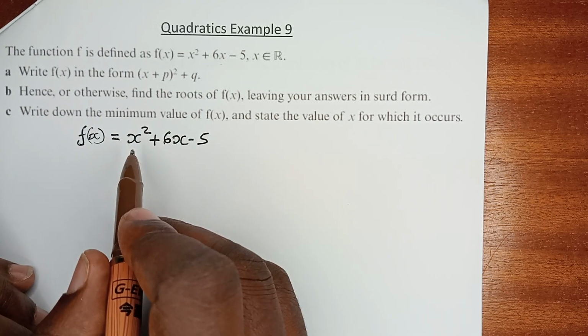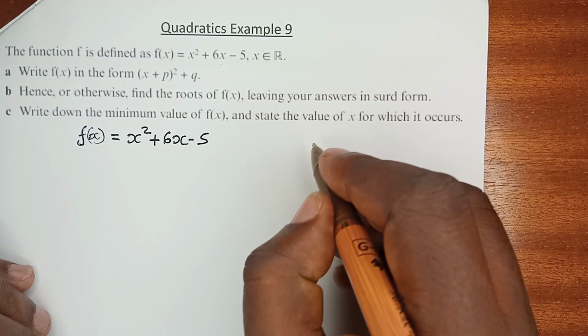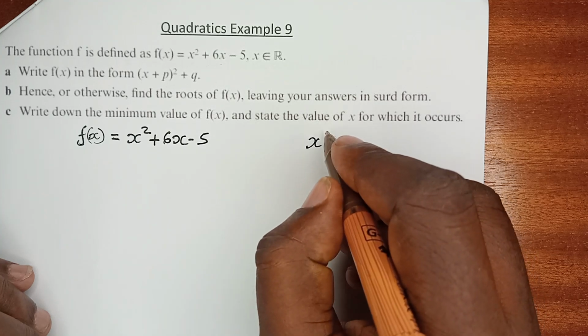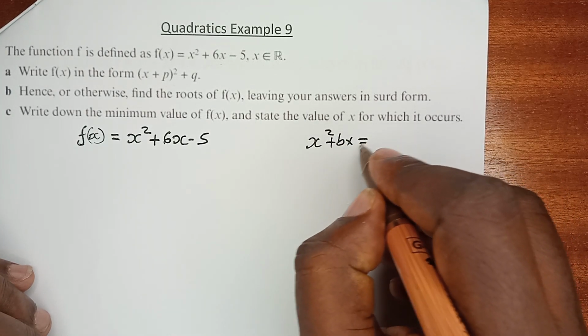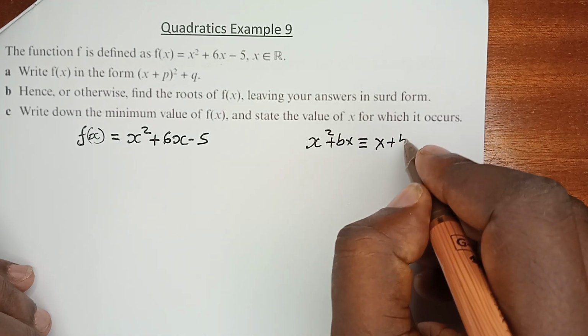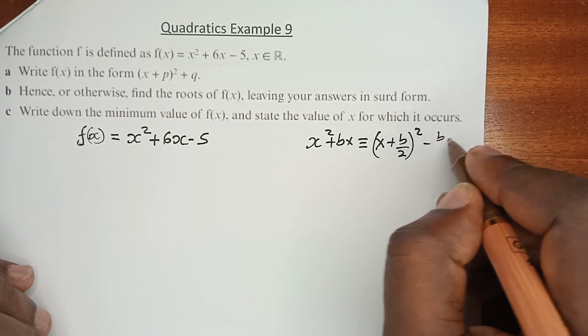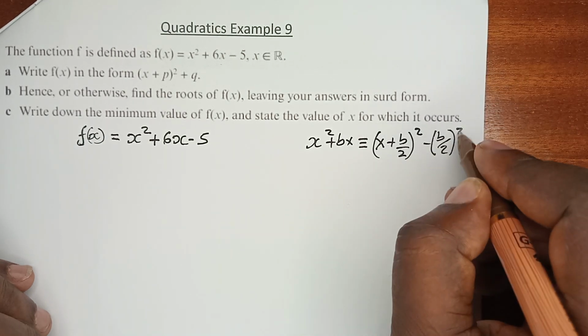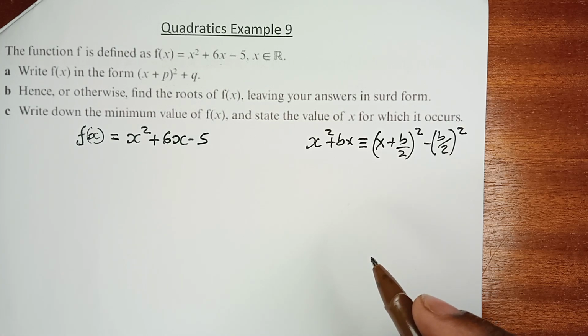So we go direct to completing the square. We already know that x squared plus bx is the same as (x + b/2) squared minus (b/2) squared. This can be verified in a different video.